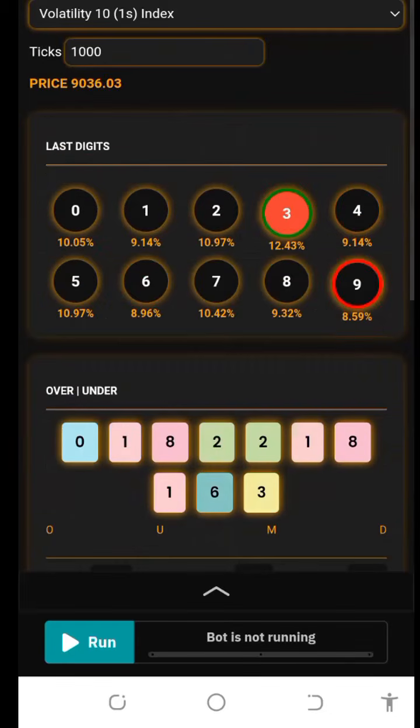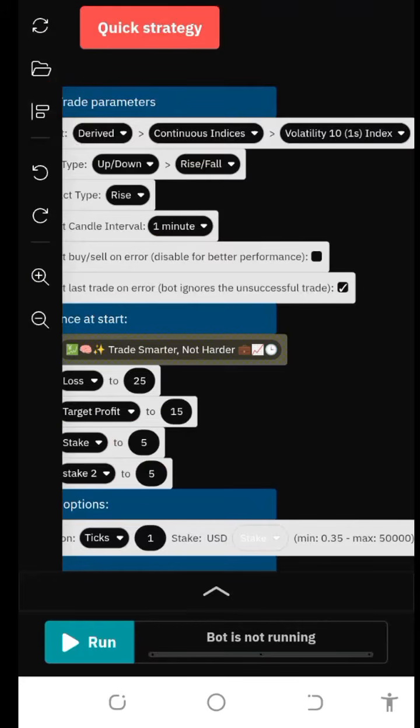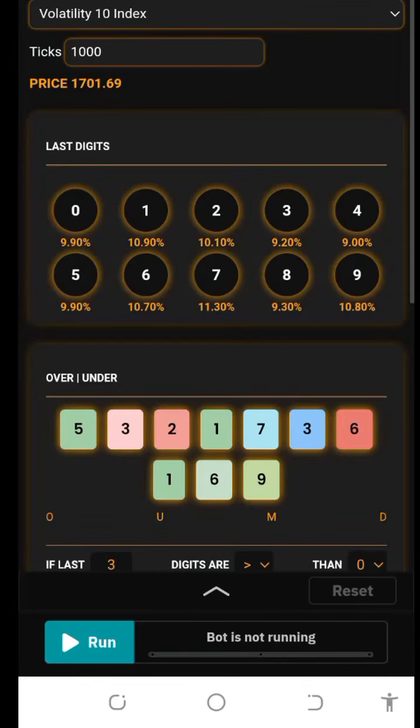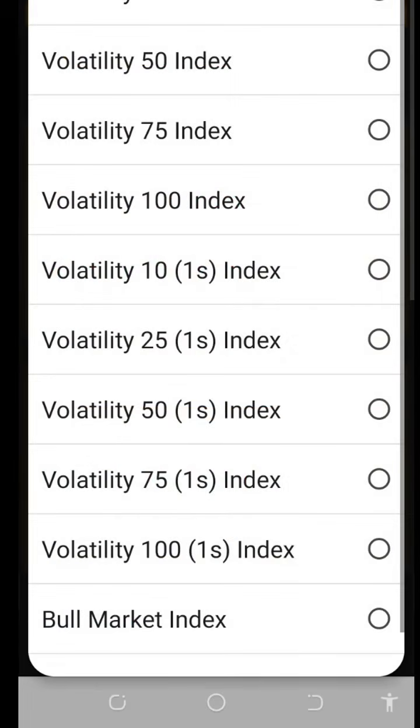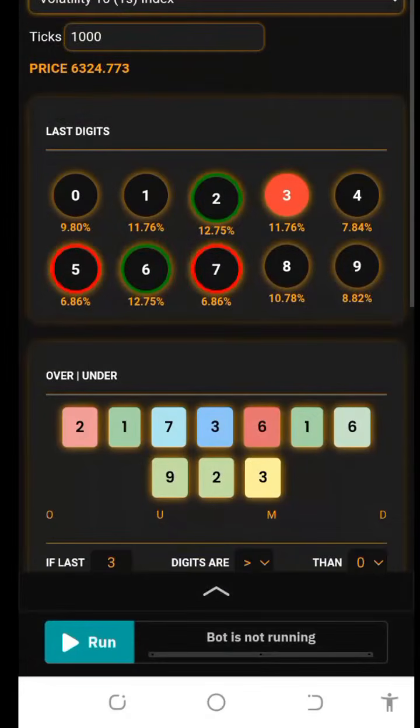Here there is a 60% on volatility 10-1s again, and the contract type is fall. Okay, so we have everything set, and then we are now back to try and see whether we can reconfirm.